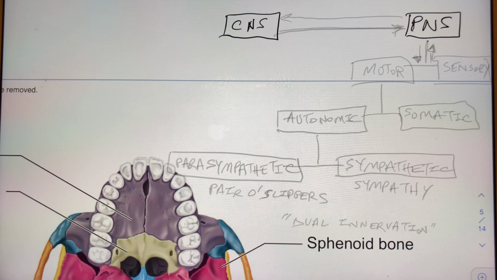The peripheral nervous system is further branched into sensory and motor. Sensory input, therefore this pathway is afferent.